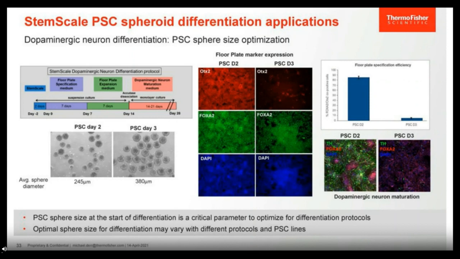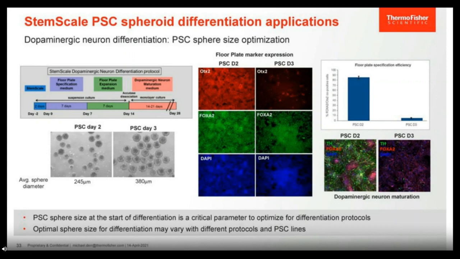Okay, so now going to the dopaminergic neuron differentiation kit, I will show an example of optimizing the size of the PSC spheroids. So looking at the protocol, you can see that we recommend culturing StemScale PSCs for 2 days before starting differentiation.